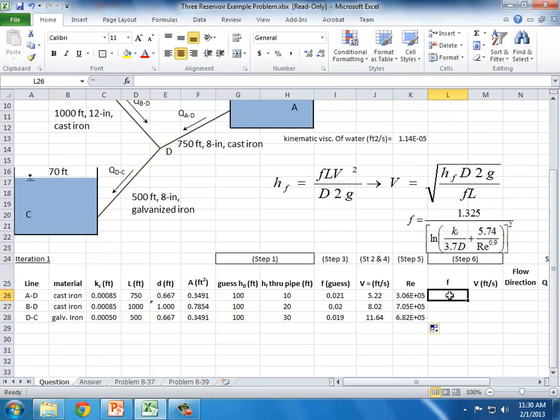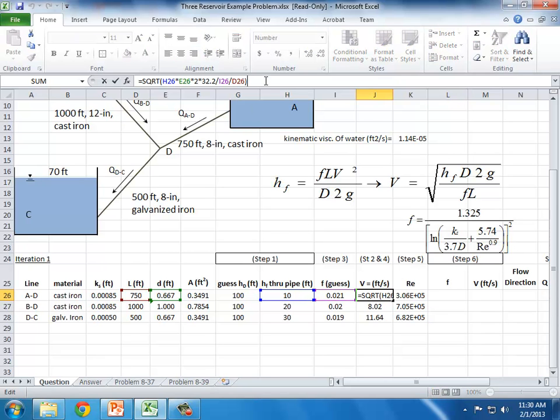Do I need to pause? Should I wait a second? You got your velocity, so velocity. The formula for that. Yep. So square root, the head loss times diameter times 2g divided by f divided by L.